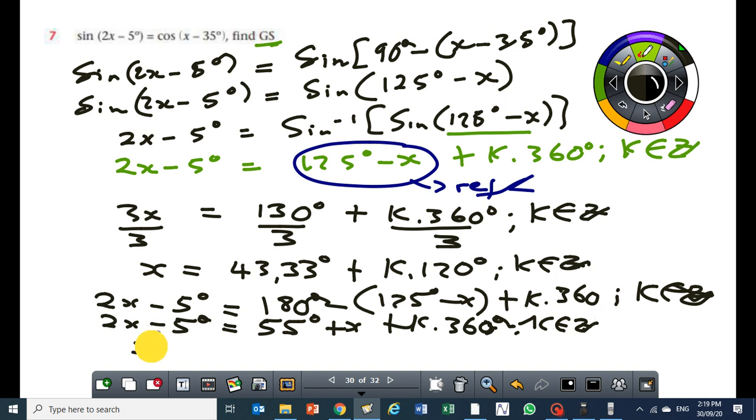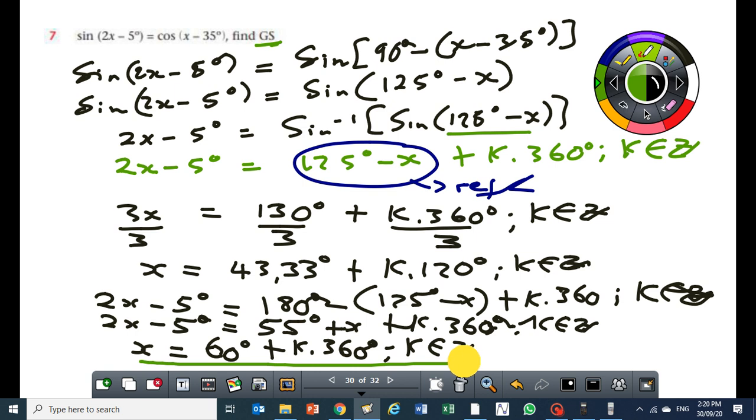So you end up having x equals 60 degrees plus k times 360, where k is an element of z. So this is your final answer.